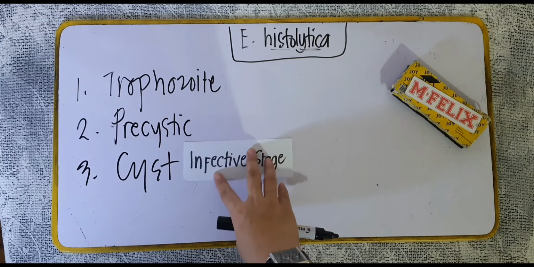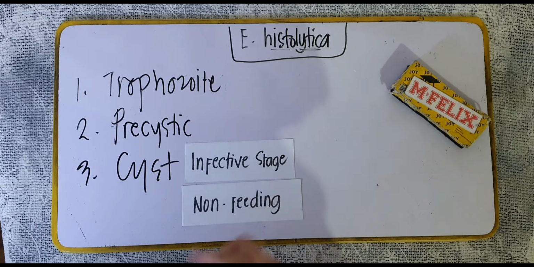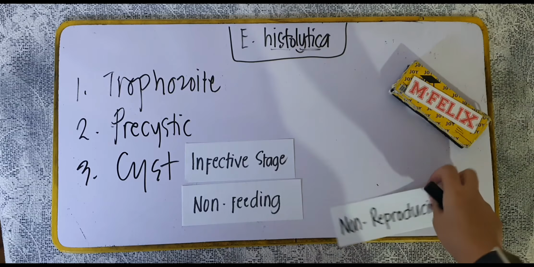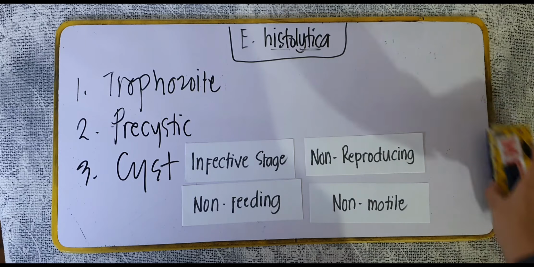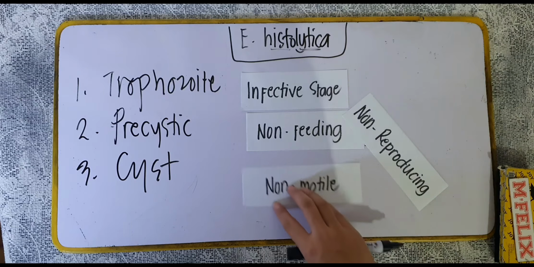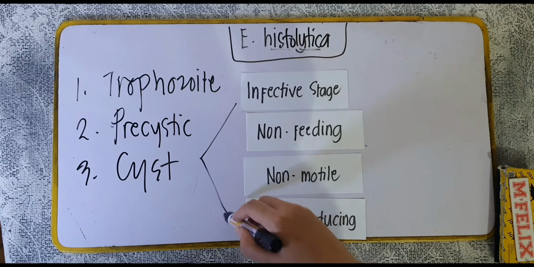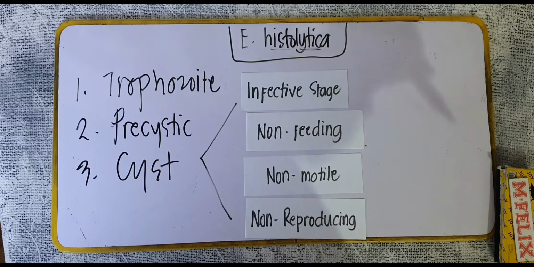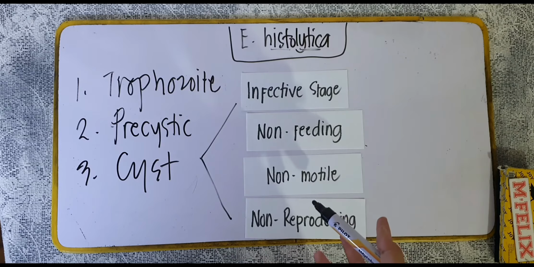Aside from this, the cyst is considered the non-feeding, non-reproducing, non-motile stage. So let us repeat: it is said to be the infective stage, non-feeding, non-motile, non-reproducing. Your cyst is already a non-motile organism.